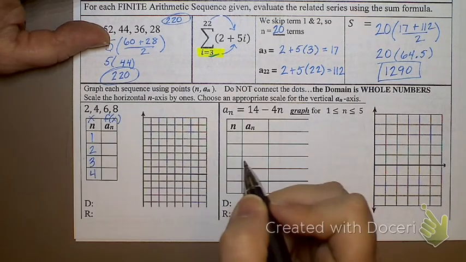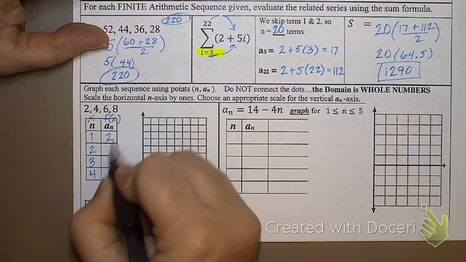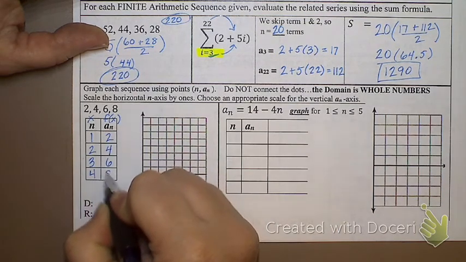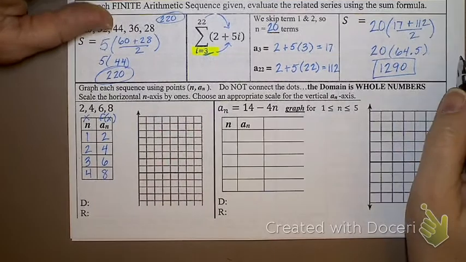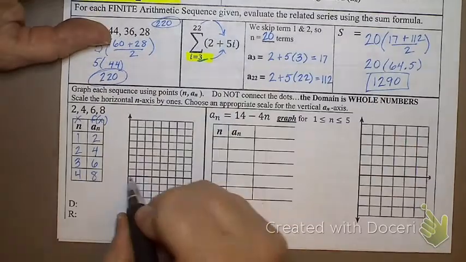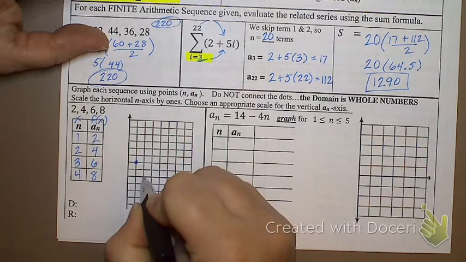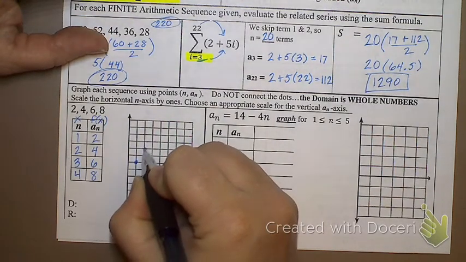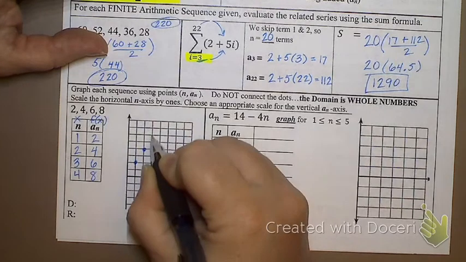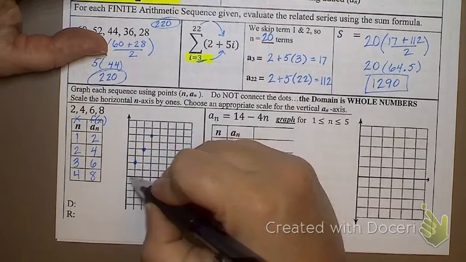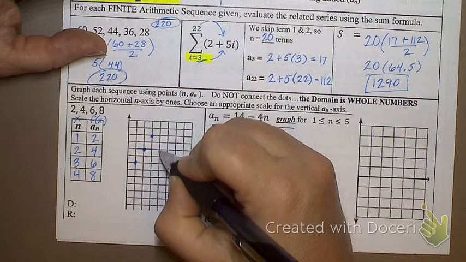And in my y column? 2, 4, 6, 8. Now I think I can just count these by ones, correct? Let's see. 1, 2, 2, 4, 3, 6, and 4, 8.